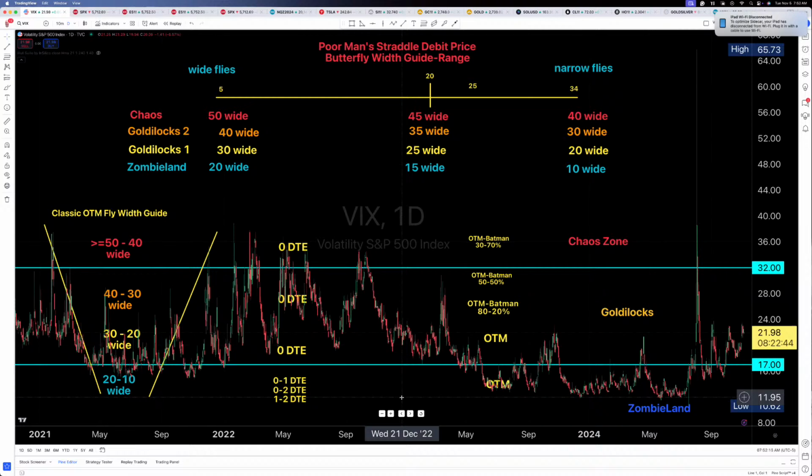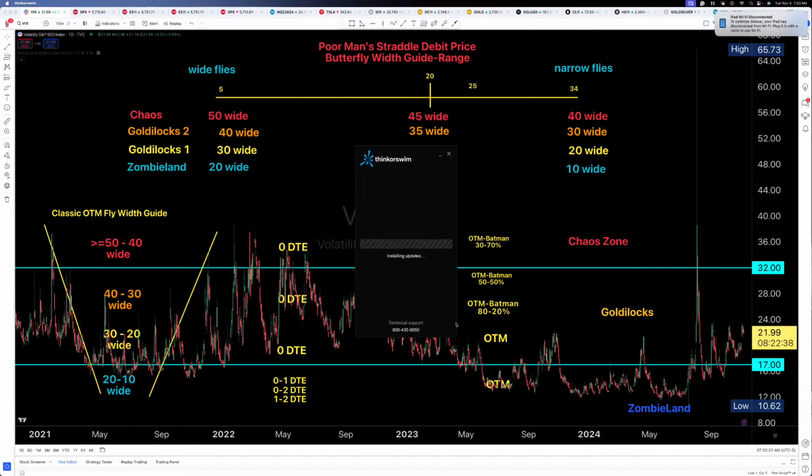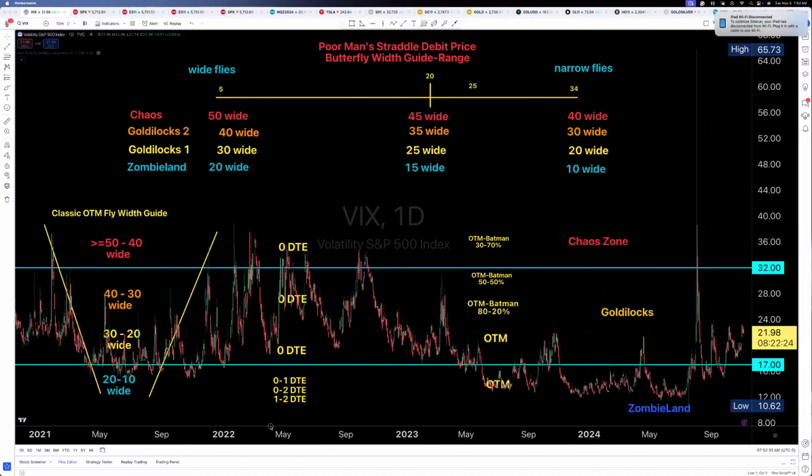I need to open up Thinkorswim so that I can set that. I should have had it open already. That's okay. We're running a little late this morning. So, as I said, we're trying to determine the direction, the amount of energy that's coming into the market that morning.